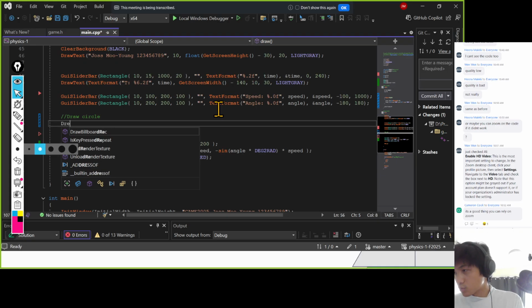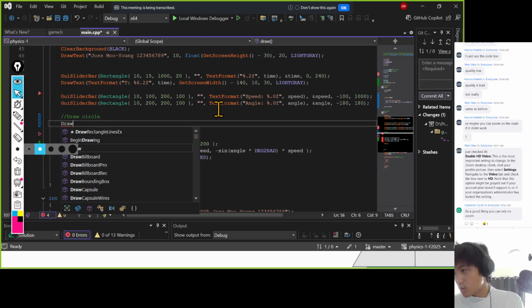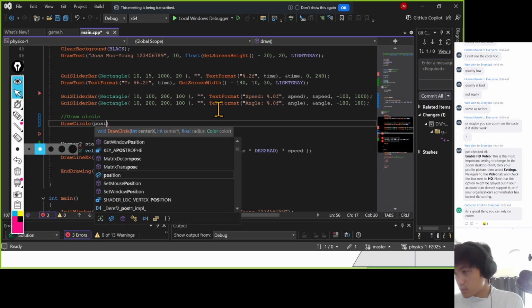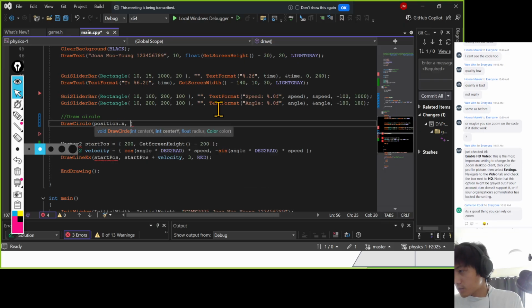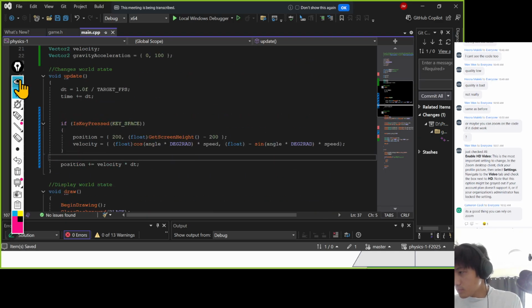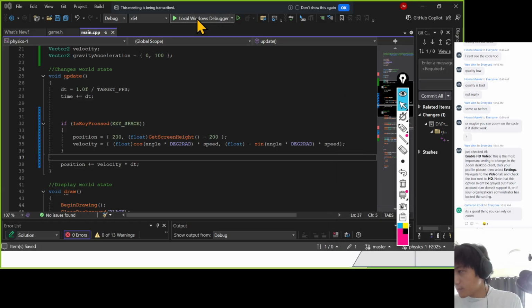Cool. And I'm going to draw a circle at whatever that position is. Let's do draw circle, position dot x, position dot y, and some radius 100 and red. Okay. So with this, we should be able to launch a ball.